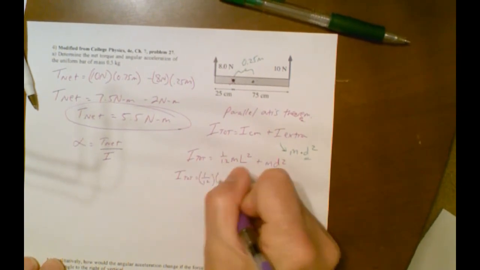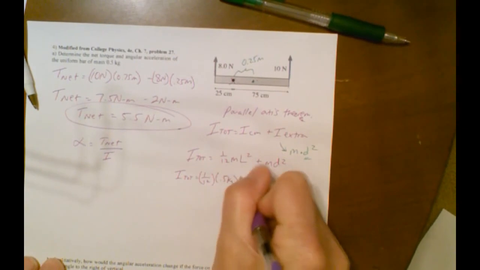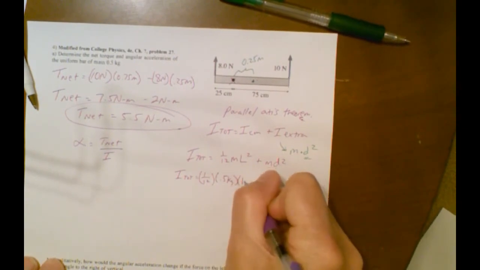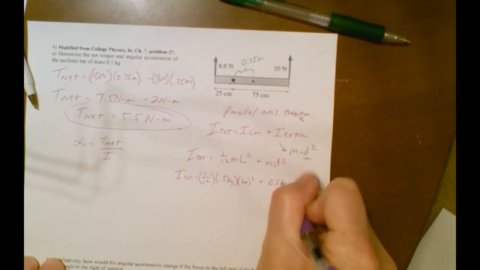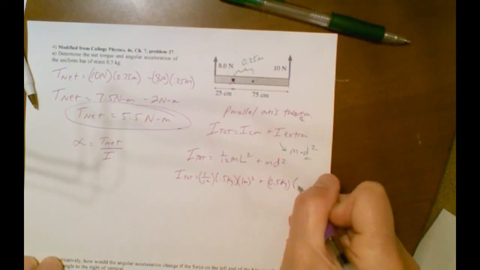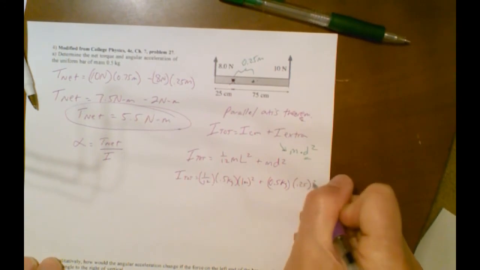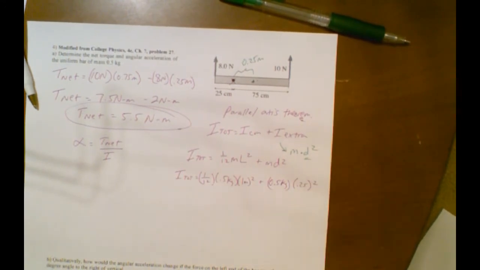The mass was given as 0.5 kilograms. Length of a meter stick, 1 meter. Mass, 0.5 kilograms. D is 0.25 squared. So I'm going to plug these in. 1 squared is 1 times 0.5. It's 0.5 divided by 12.